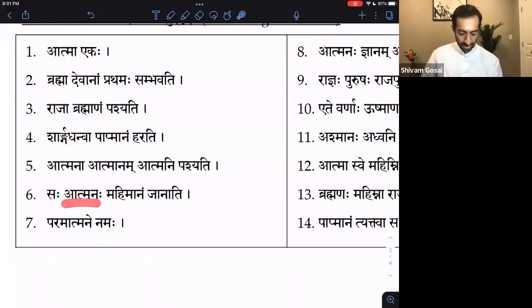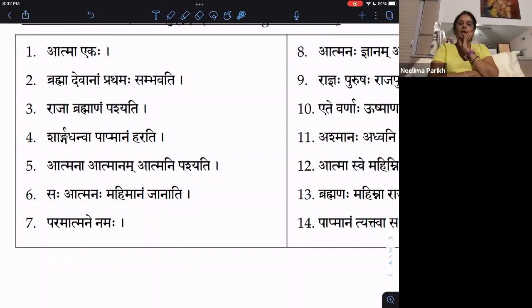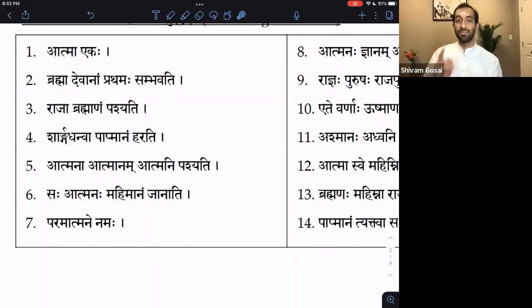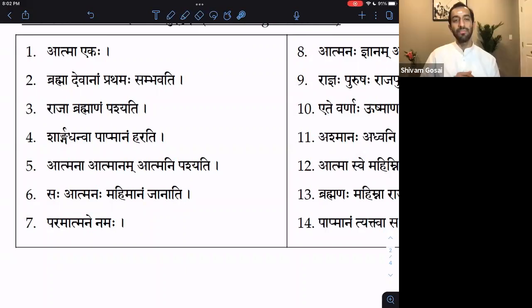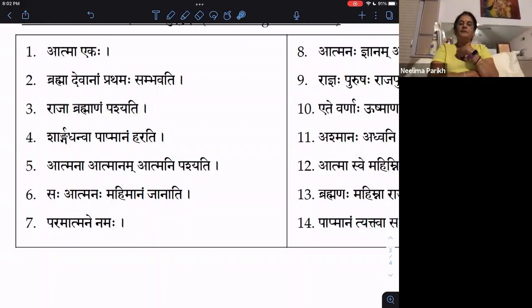So what's the Pratipadika? Atman. Pratipadika is Atman, unending masculine. This is Shashti Vibhakti Ekavachanam. Sambandhe Shashti to Mahima.